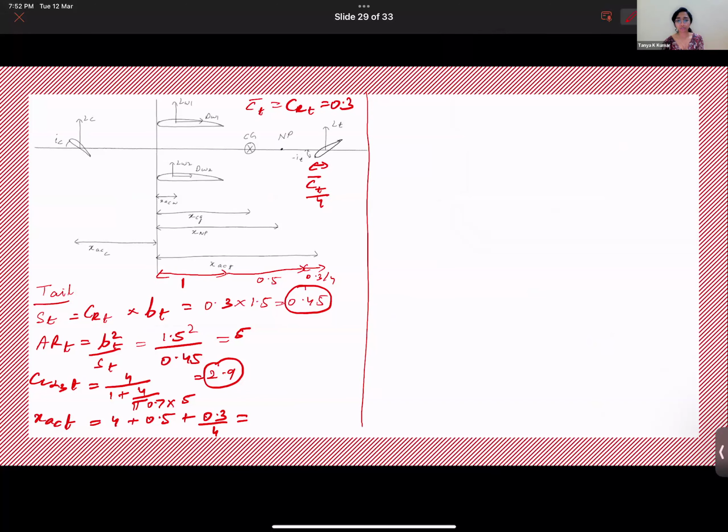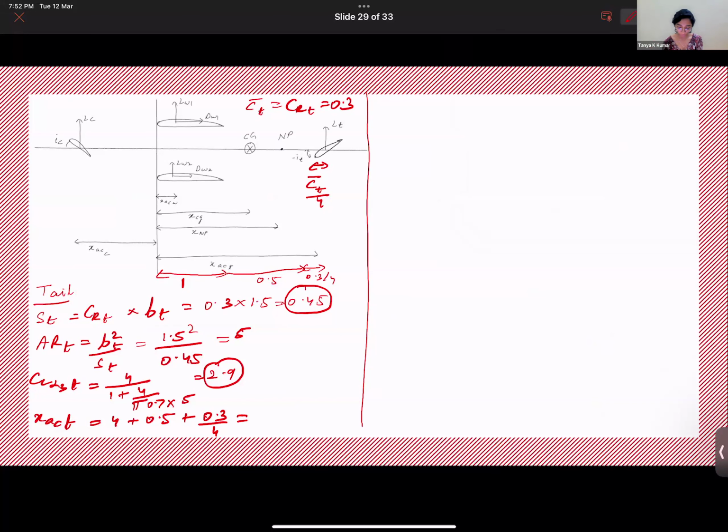So the root chord of the wing, plus that 0.5 given to you in the question, plus that 0.3 by 4. 0.3 is the mean aerodynamic chord of the tail. Since it's a rectangular tail, the root chord, tip chord, and mean aerodynamic chord are all the same. Correct?